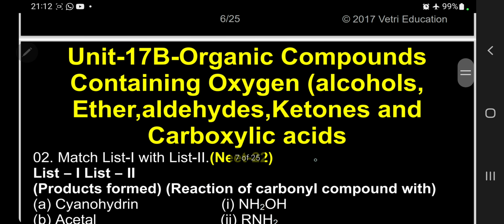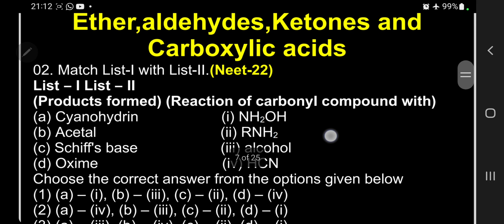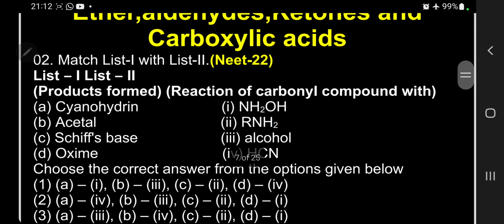This is also asked in NEET 22. Here, match list 1 with list 2. List 1 products formed, list 2 the reactions of carbonyl compound. Carbonyl compound may be an aldehyde or ketone; generally we will say carbonyl means both aldehyde and ketone, generally it will respond. Okay, here A, cyanohydrin.